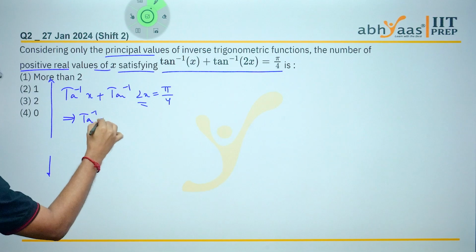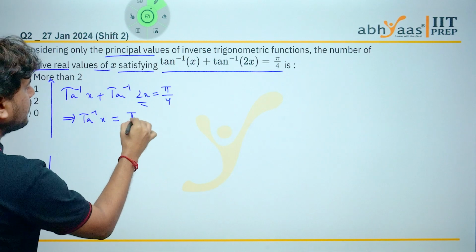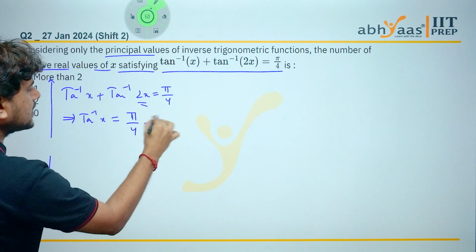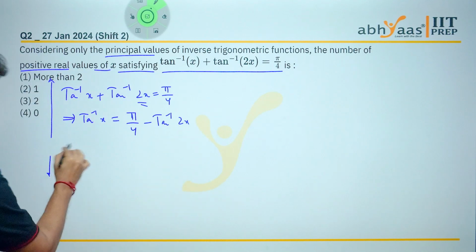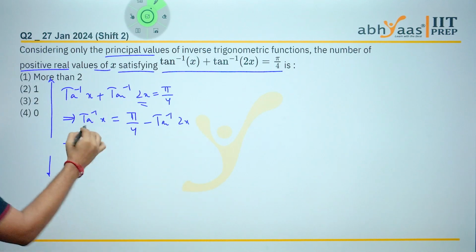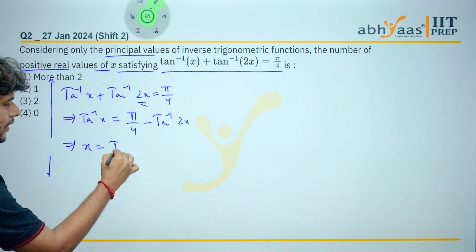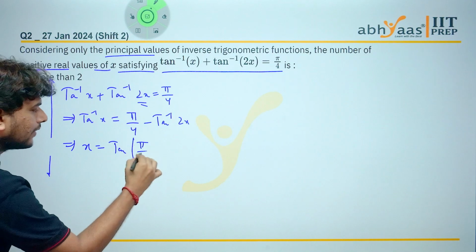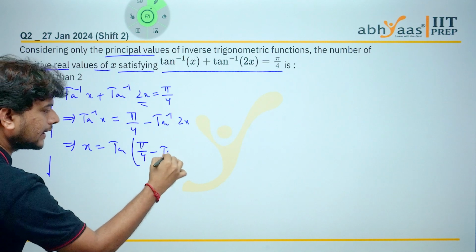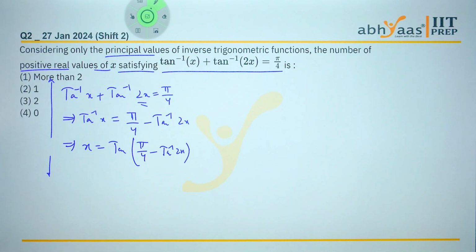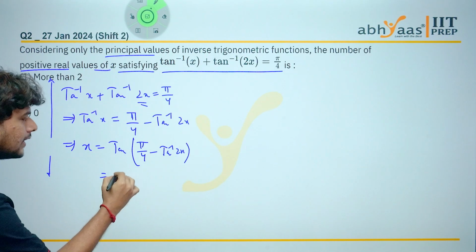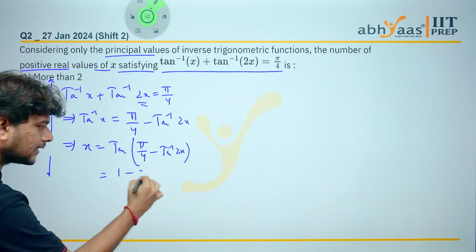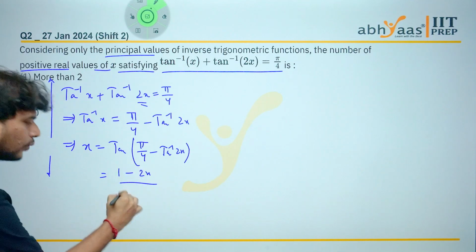So tan inverse x equals pi by 4 minus tan inverse 2x. If we take tan on that side, x equals tan of (pi by 4 minus tan inverse 2x). This is in the form of tan of (pi by 4 minus theta), which is (1 minus tan theta) by (1 plus tan theta).